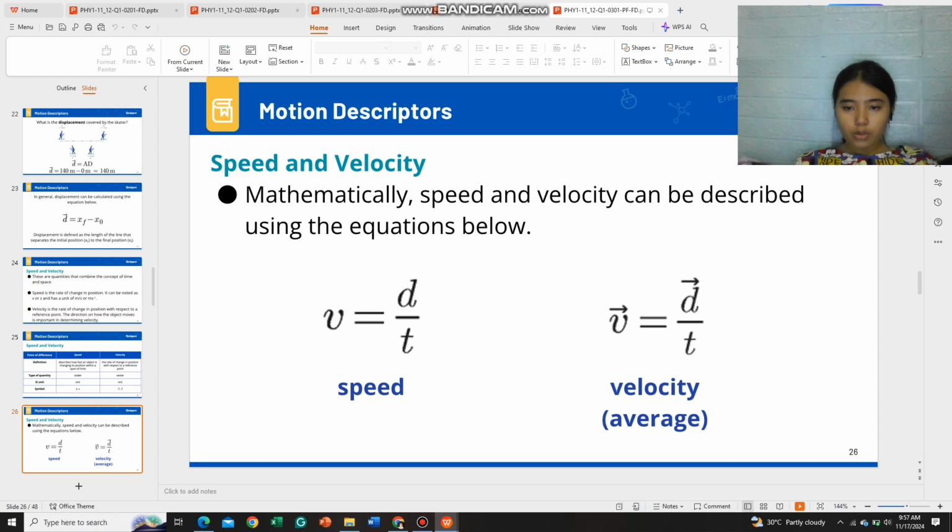So symbol gapon, you can still tell nga dako gid sila og kalahian, from no direction to with direction. So sa speed, yung formula kay v equals distance over time, while sa velocity, instead of distance, displacement over time.